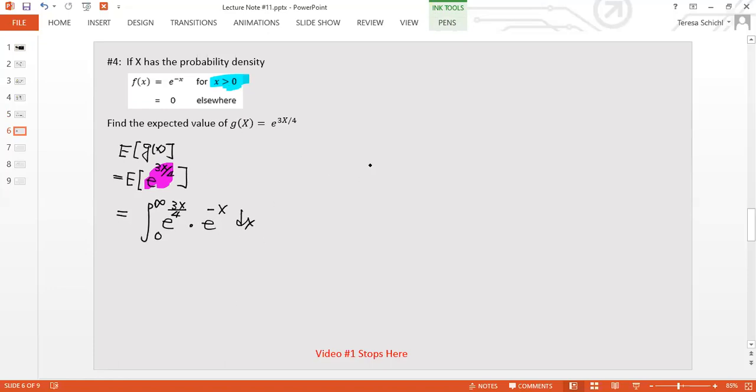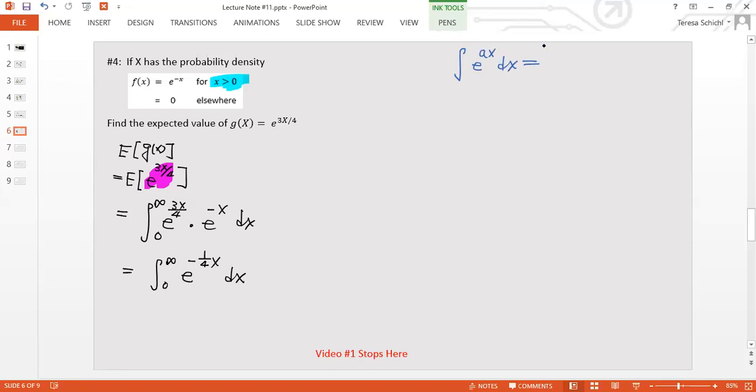Okay, so now let's take a look. This is 0 to infinity. First I combine, this is 3/4 x minus x. So what is this? Negative 1/4 x dx here. You guys remember when we first started the continuous random variable, I said a few things we need to remember. One of the formulas here, if this is e to the ax dx, do you remember what the formula is here?